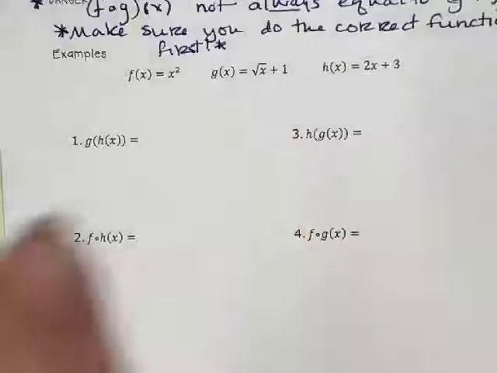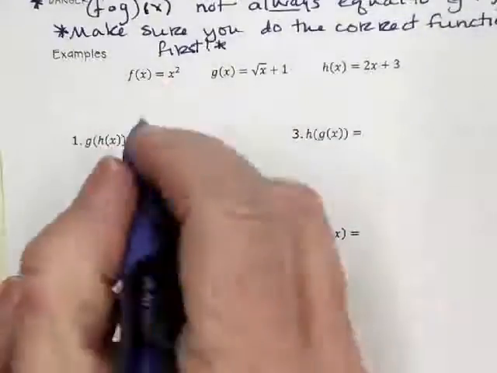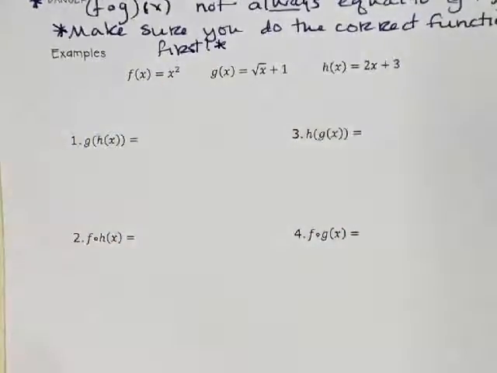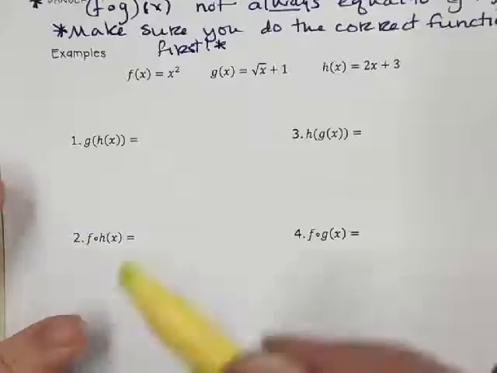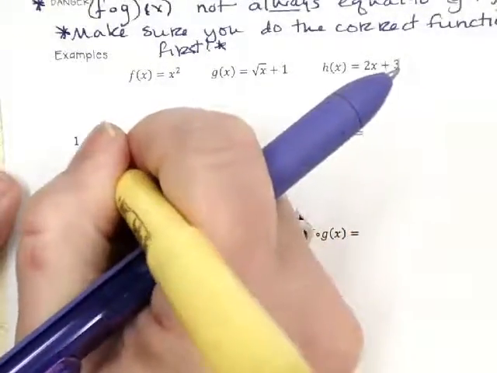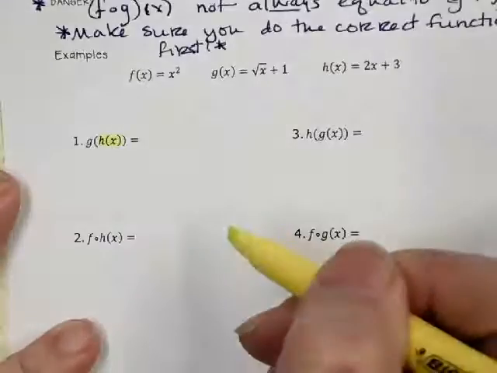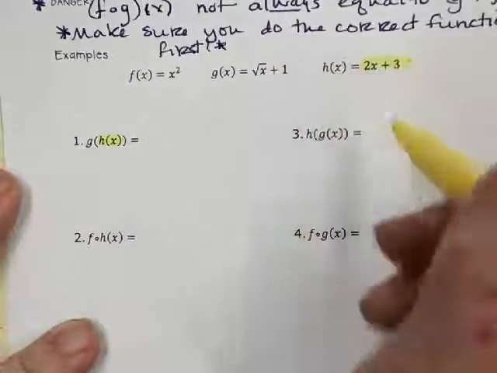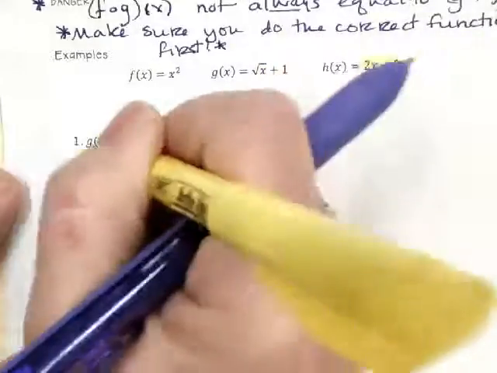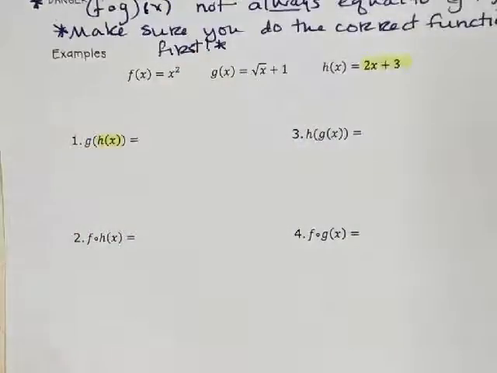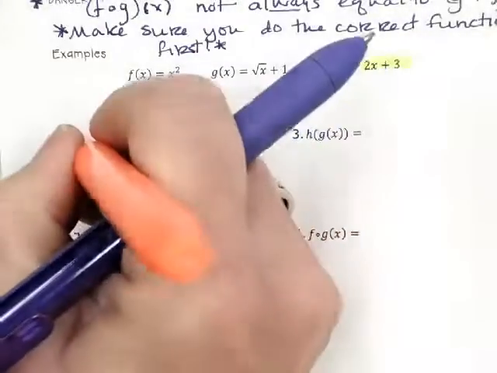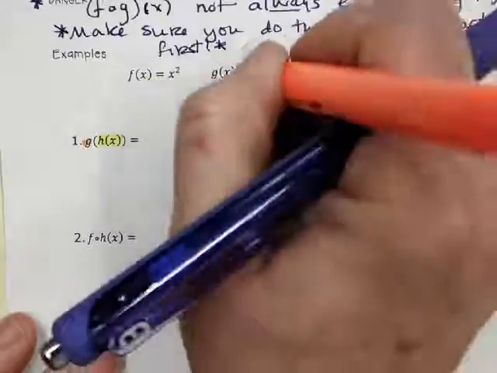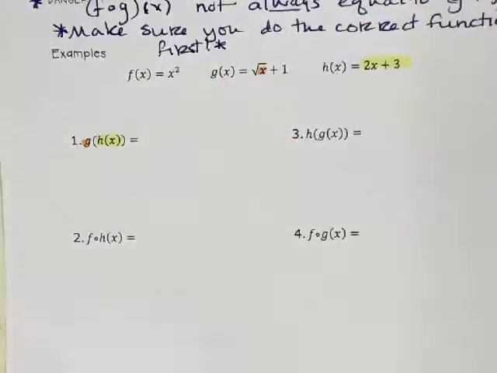So it means, this number one means I'm going to try my highlighters here and see how it works for you. I'm going to take this function, this one, and put it inside this one everywhere that there's an x.